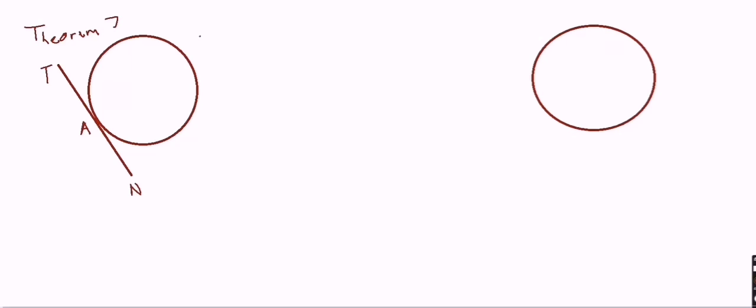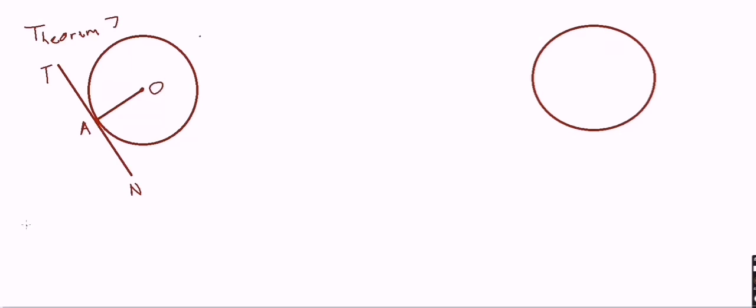And let's suppose I also have a center, which is going to be my O. I like my centers to be O. And then if I've got a line from the center connected to the tangent, something interesting happens. So if TAN is a tangent, then OA is perpendicular to TAN.